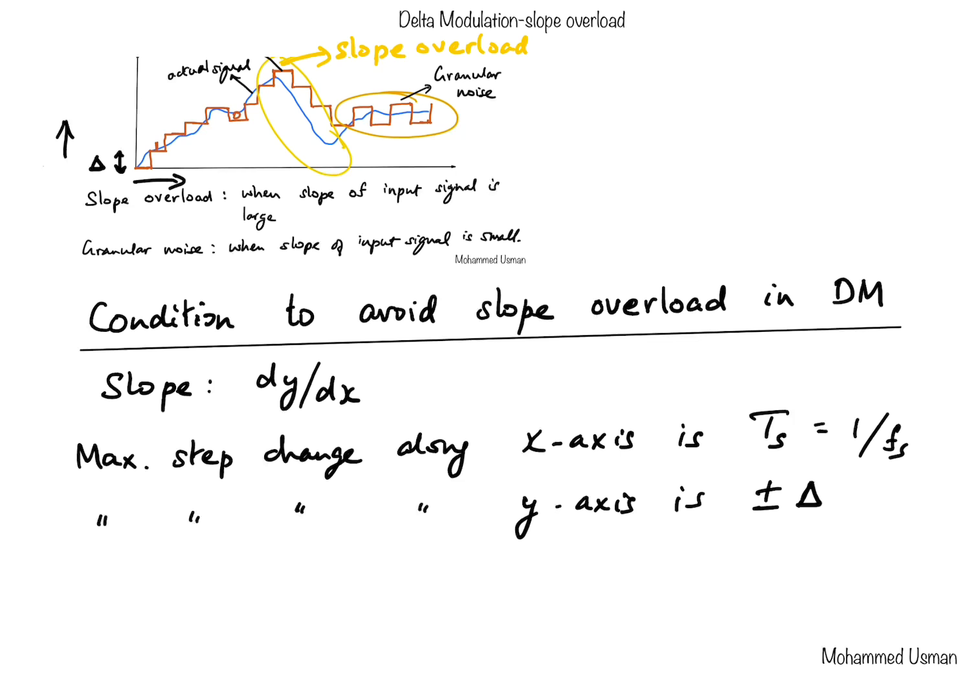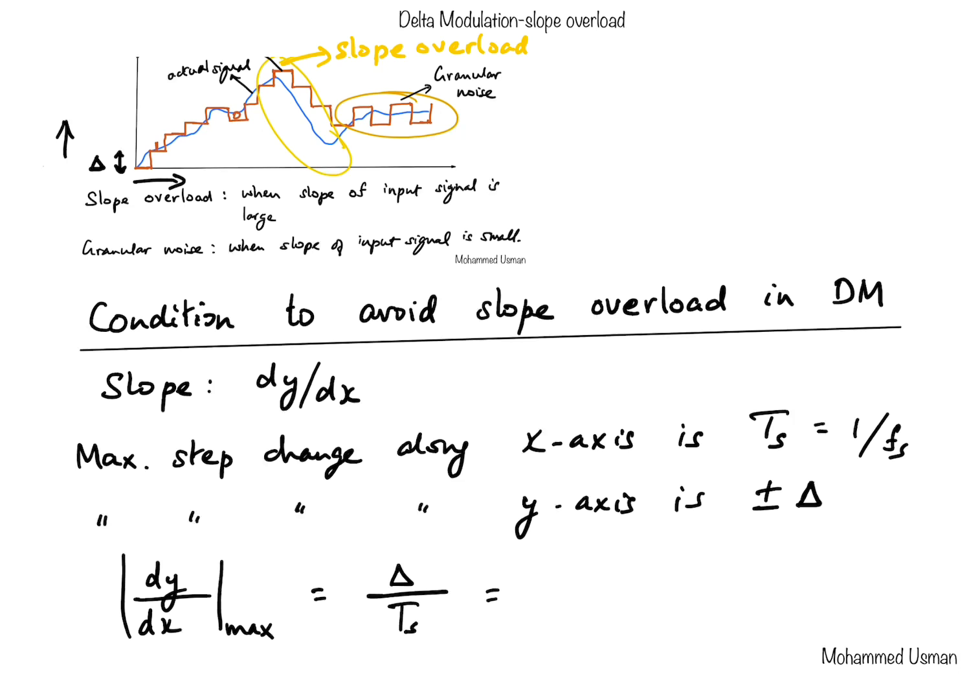We are interested in finding the magnitude of the maximum slope, that is dy by dx. We take the magnitude and the maximum value. So dy is delta, since we are interested only in the magnitude and the maximum value, and similarly the maximum step change along the x-axis, dx, is Ts.